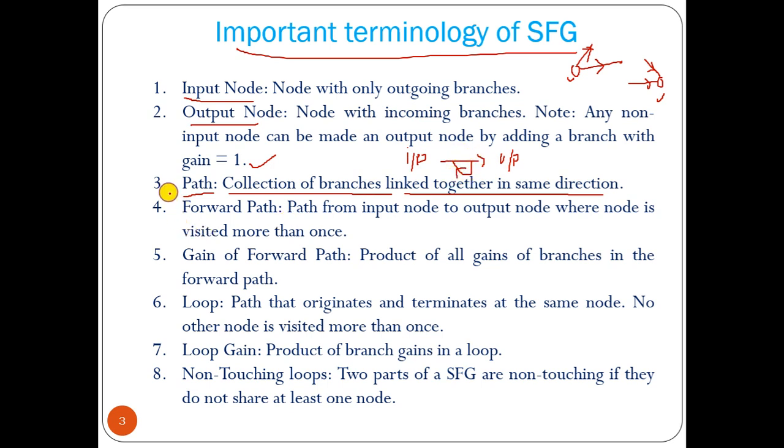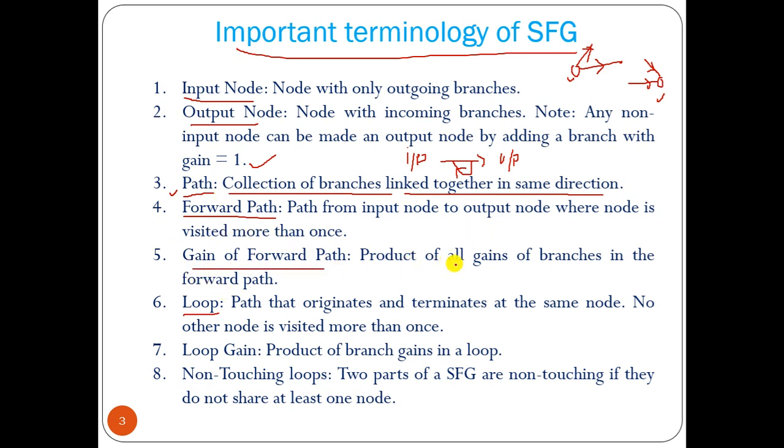So a path is basically defined as a forward path, and we have another term called loop. A forward path means a path from the input node to the output node, where no node is visited more than once. That is called a forward path.